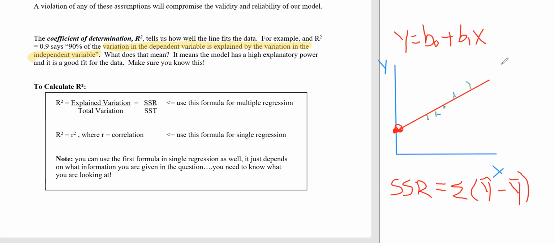This is squared because it's the sum of the squared differences between the predicted value. That's a little hat, by the way. I want to make sure that this gets drawn in there correctly so we can see this. This is a hat.